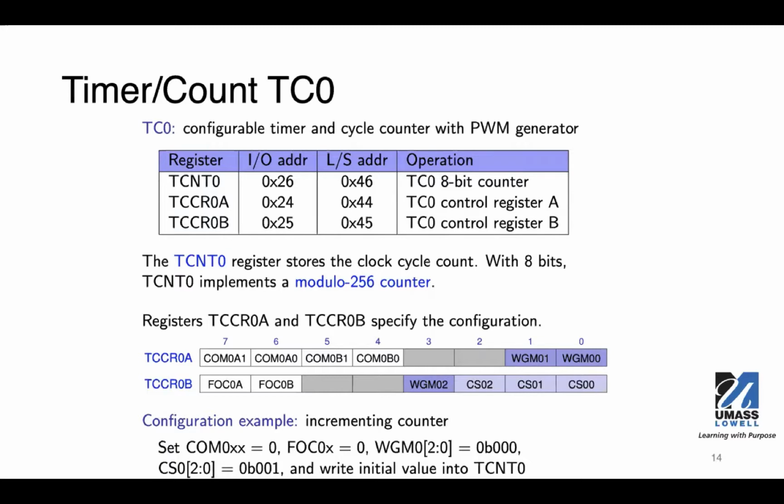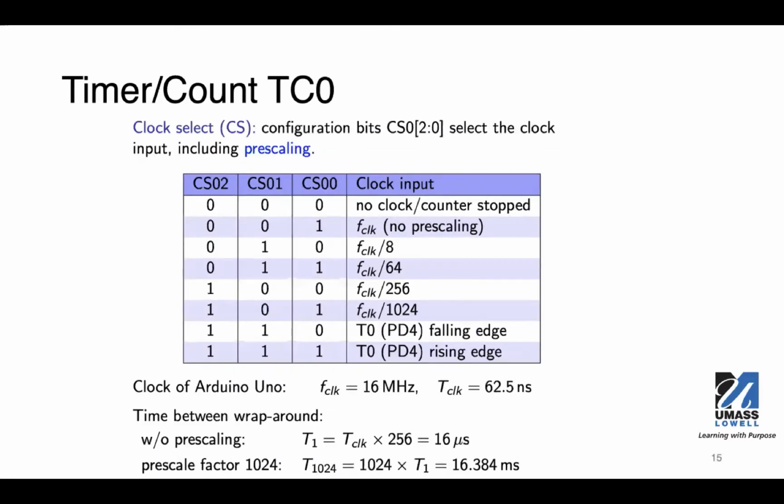You have to refer to the data sheet a lot to understand how to set these configuration bits. You may wonder, oh, we didn't have to do that using Arduino. You're right, because you use a lot of libraries. And those libraries, underneath, did the hard work by setting up these individual bits in the configuration registers, control registers. And we're going to talk more about that in the next few classes.